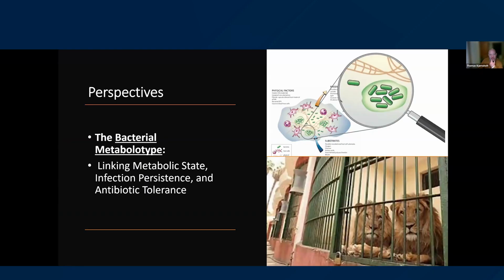To put it into perspective, we are trying to coin the bacterial metabolotype, linking the metabolic state with infection persistence and antibiotic tolerance, and to move away from focusing just on single bacteria and the lines in the case, trying to understand the animals and bacteria in real life.